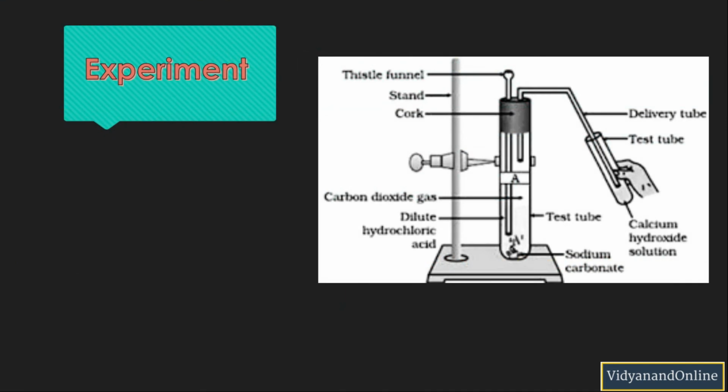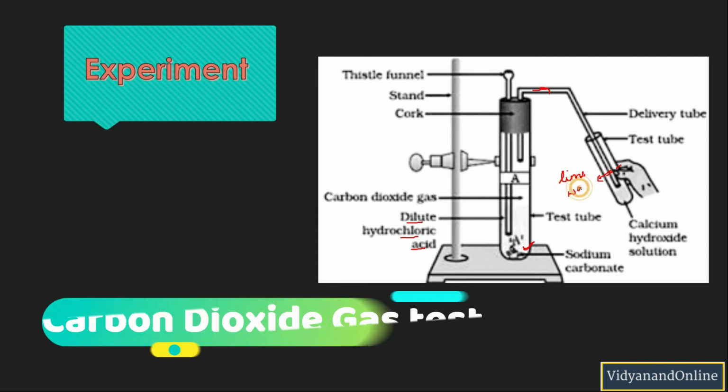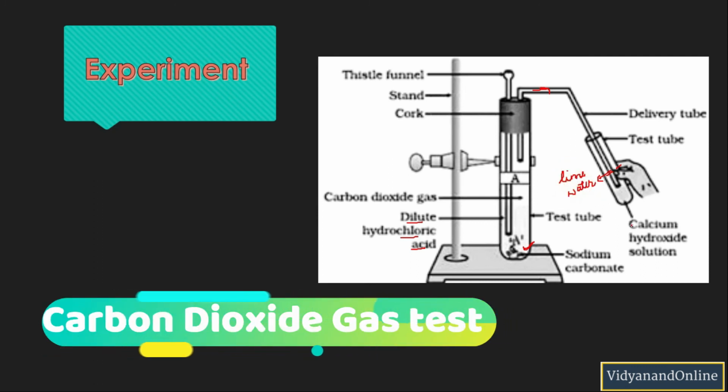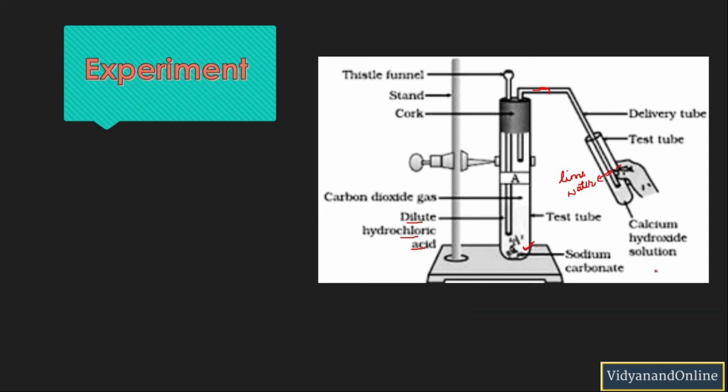Now let us see this lime water test. Here, if you see, we have sodium carbonate and we have dilute HCl. When sodium carbonate reacts with dilute hydrochloric acid, a gas is formed. This gas is allowed to pass through this delivery tube into this test tube. This test tube consists of lime water, and we have already seen in the concept class that lime water is also called calcium hydroxide, and the formula for calcium hydroxide is Ca(OH)2.